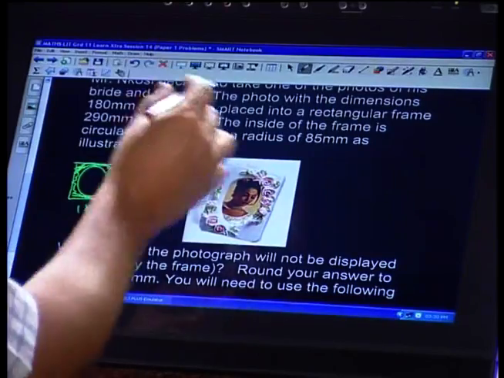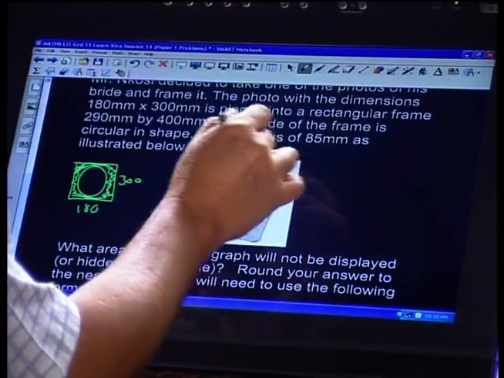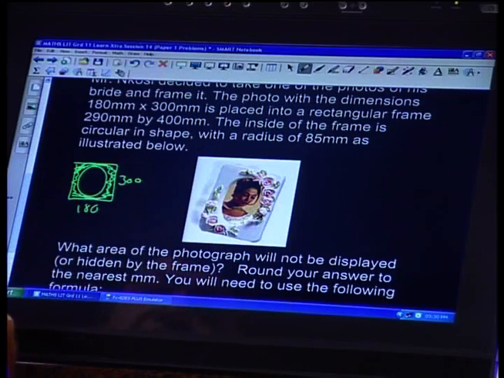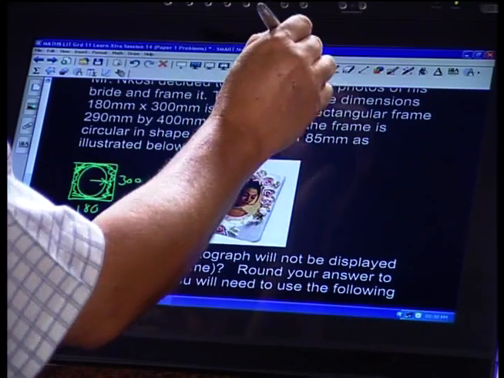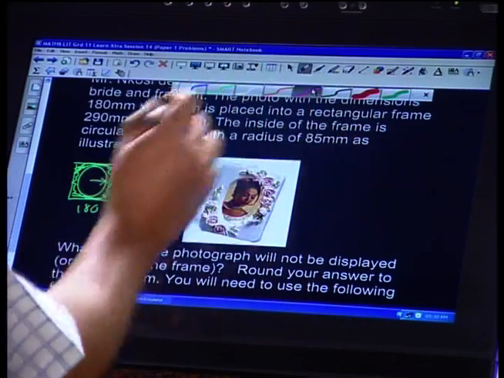Okay, so we'll pretend she's nice and slim. So 180 and a nice tall chick, 300. Okay, so 180 by 300, and the circle has a radius of 85 millimeters. So that there is 85 millimeters.